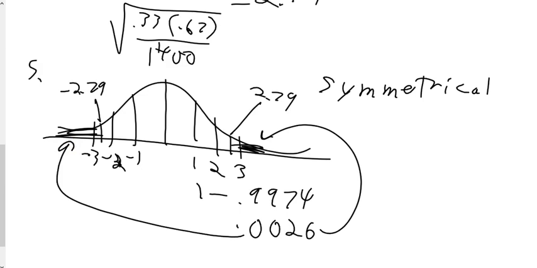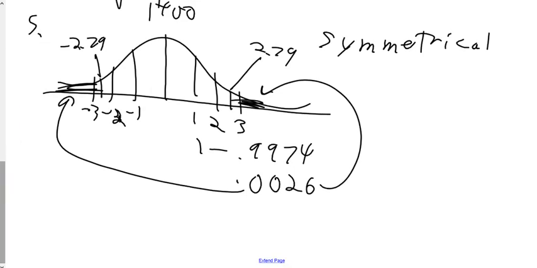So we have 0.0026 to the right and 0.0026 to the left. So my p-value is actually 0.0026 times 2, and it's 0.0052, because we have 2 tails to contend with.